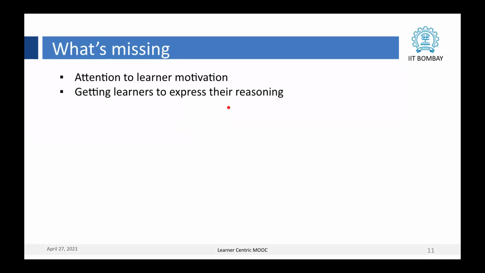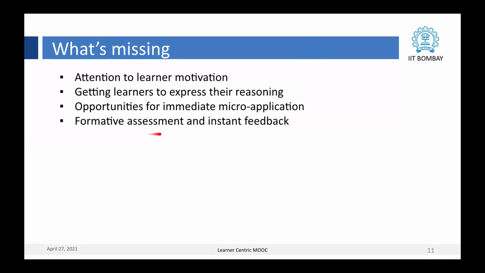And opportunities for immediate micro application could be a missing part, like feedback. Then formative assessment and instant feedback, like most of you said, is also missing. Then explicit activities for fostering peer learning are also missing. So learner to learner interaction is missing.